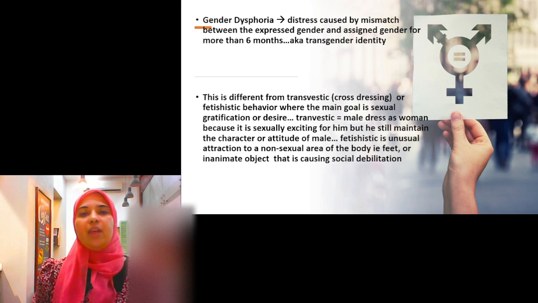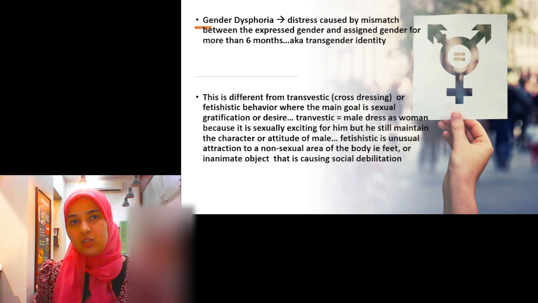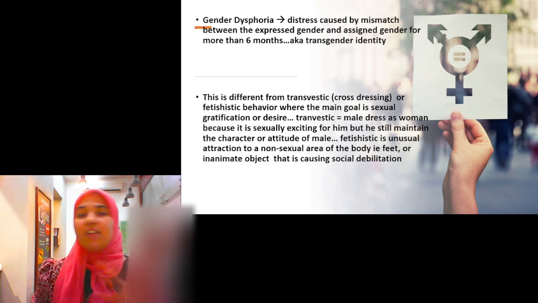You're going to have a man who is dressing as a woman and he's getting sexual gratification from that, but his personality is maintained as male. That is transvestic disorder. Gender dysphoria, again, they have immense distress because they believe there is a mismatch between the expressed gender and the assigned gender.